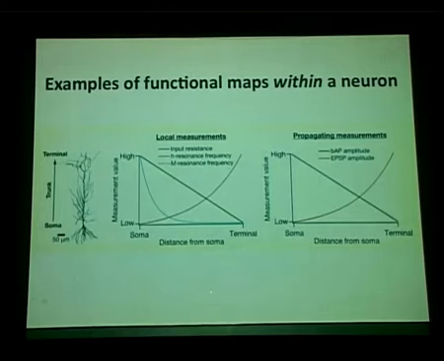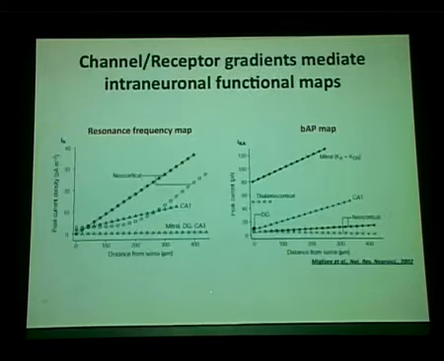And this is input resistance, which again is mediated by the presence of certain ion channels. All these maps within the neuron are mediated by one or the other ion channel. So there are distinct gradients of different ion channels expressed within the dendrites of these neurons.